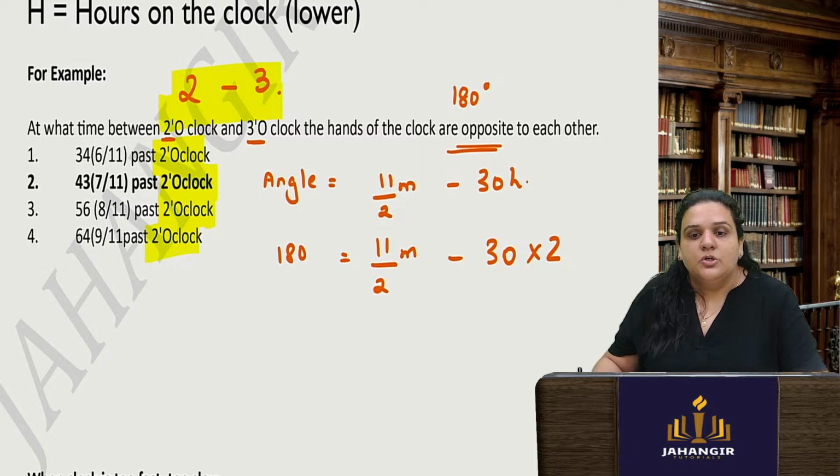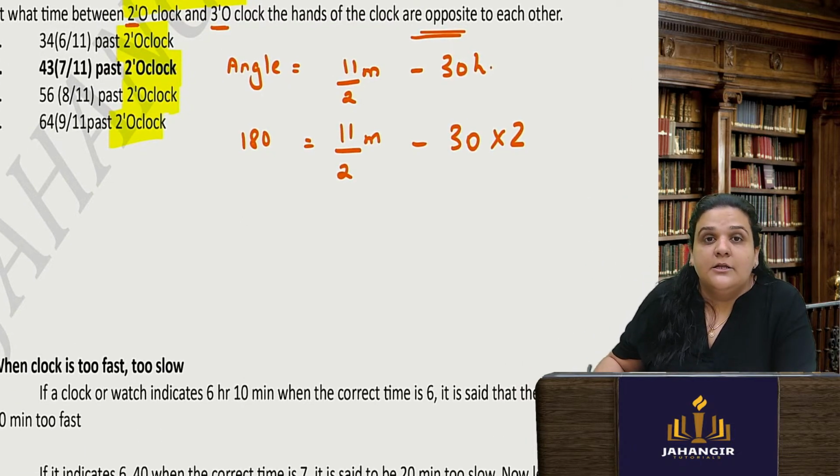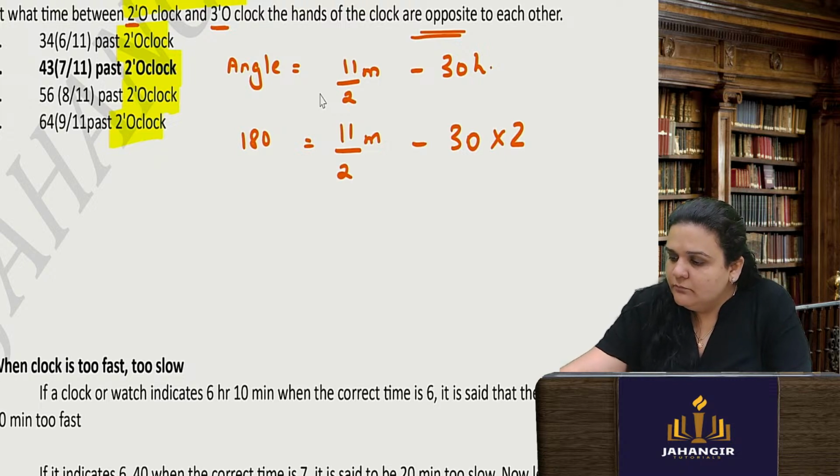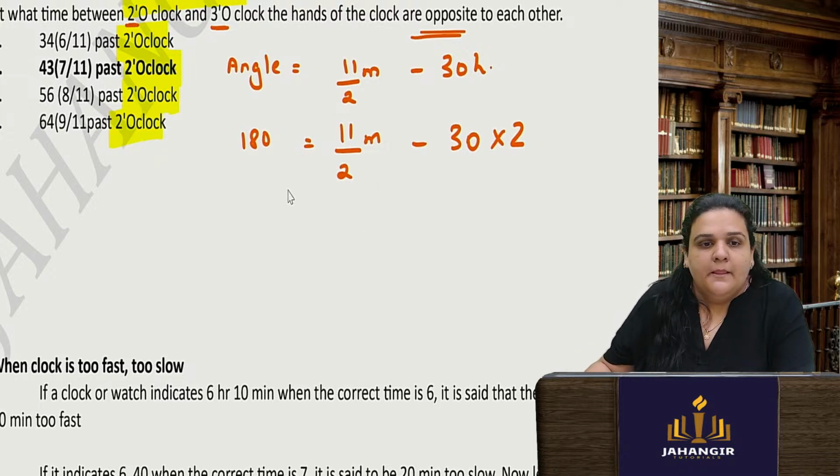So 180 is equal to 11 upon 2 m minus 30 into 2. We have to solve this equation. 30 into 2 is 60.